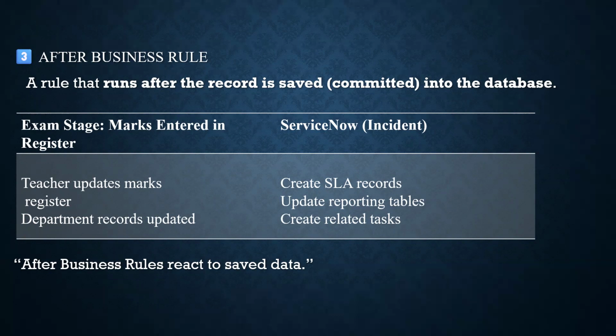Then after saving, the after business rule is like the marks entered in the register. The teacher updates marks in the register, and the department records are updated. Same in the incident form: create SLA records, update reporting tables, create related tasks. So the after business rule reacts to saved data.